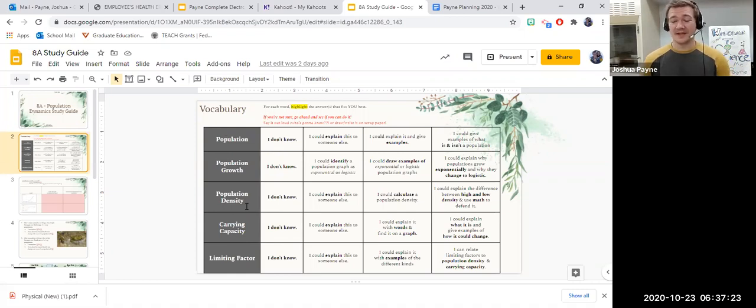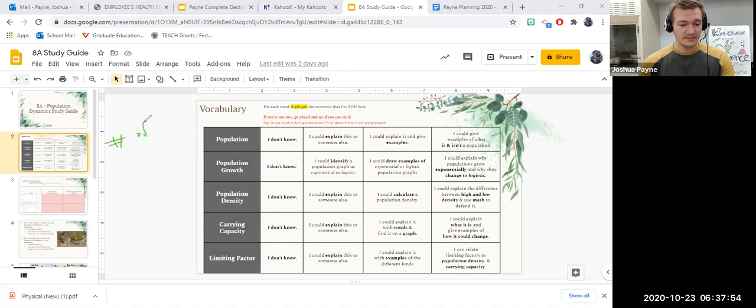Population density, remember, that's very important to remember. It's the amount of organisms per area of land. So if we have 15 humans per square foot, or we have 17 tigers per square mile, right? Remember that to find out population density, and I'll even write it out, your equation for population density is the number of, whoa, that is terrible handwriting.